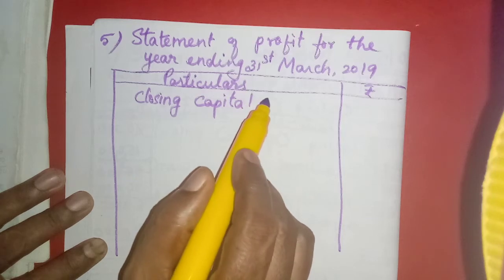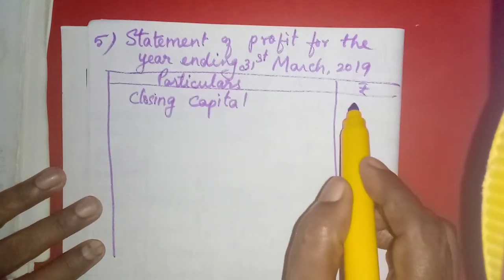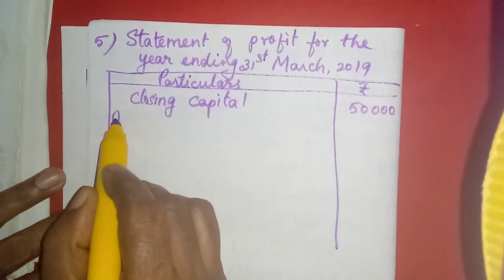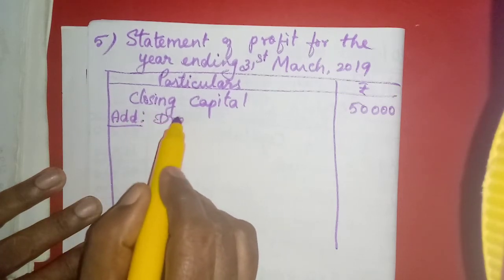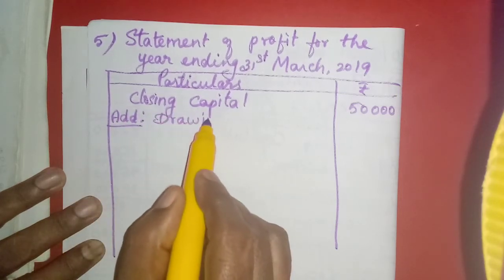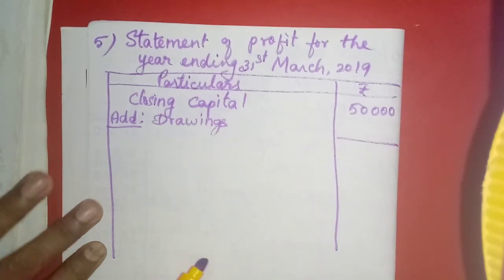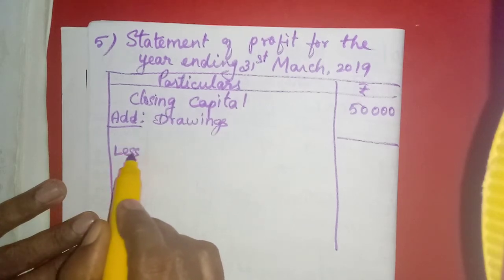Closing capital how much? 50,000. Add drawings. We do not know drawings, isn't it? We do not know. So draw the line. Then plus additional capital.